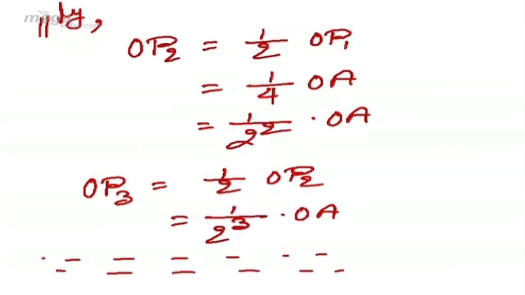We will get OPn equal to, see, OP2 is 1 upon 2 squared, OP3 is 1 upon 2 cubed, which means whatever number is written here becomes the power of 2.